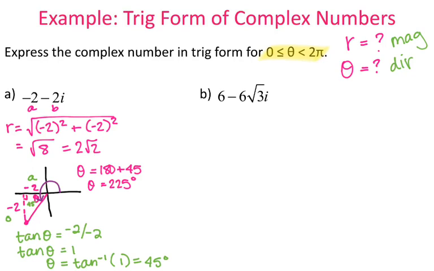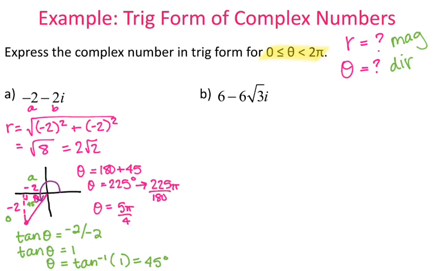So my 225, I'm going to go ahead and change that to radians, and in order to do that, I'm going to take 225 and divide it by 180 while putting the pi back in the numerator. So that gives me, I believe, 5 pi over 4. But I'm going to plug it in my calculator because I don't trust my mental math skills. 5 pi over 4. Perfect.